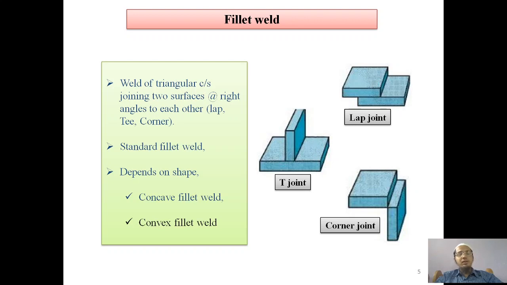If the shape of the weld is in the form of a concave curve, then it is a concave flat weld, and if it is in the form of a convex curve, then it is termed as a convex flat weld. Sometimes the surface will be exactly inclined, forming an exact triangular portion.